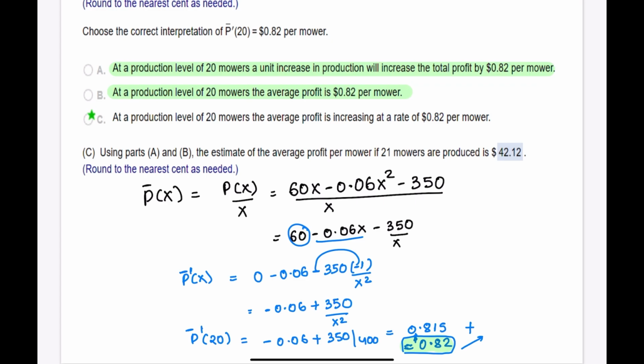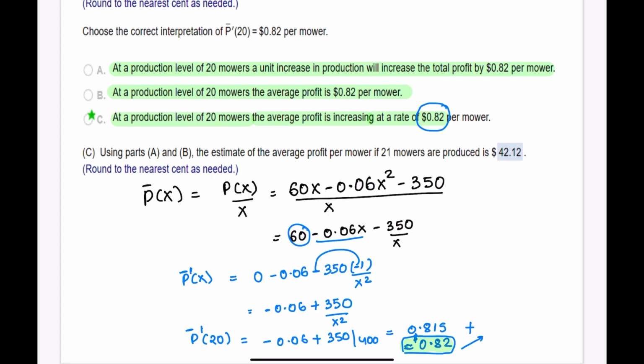Even that's not right. So at production level 20 mowers, the average profit is increasing. And at what rate is it increasing? 0.82. So always consider this as a slope. The rate at which the profit is increasing is 0.82.